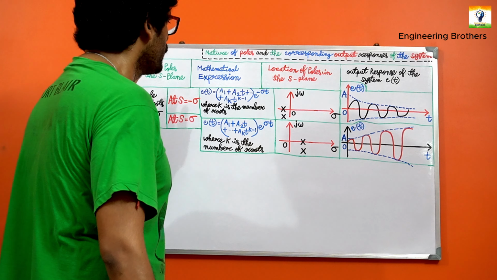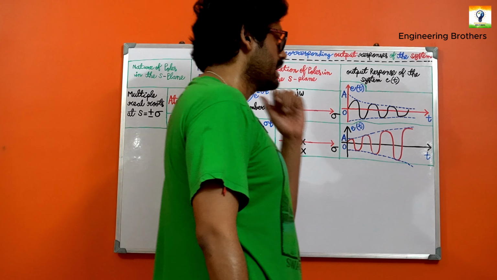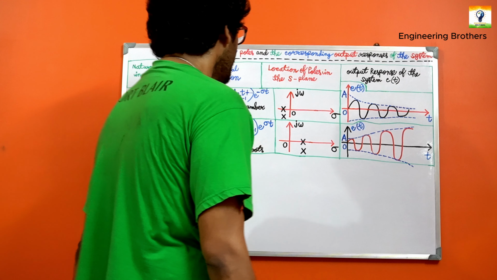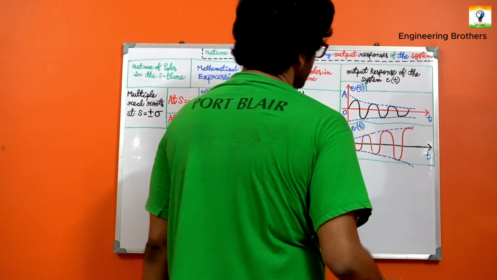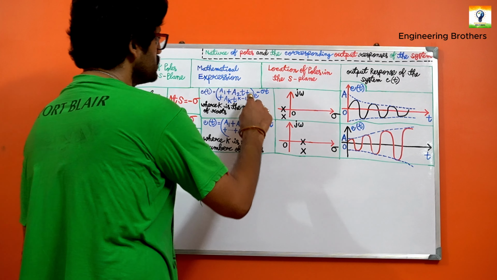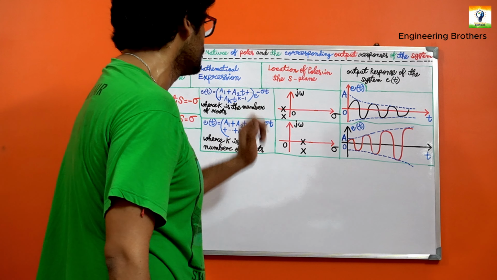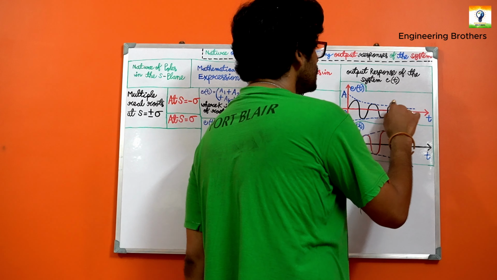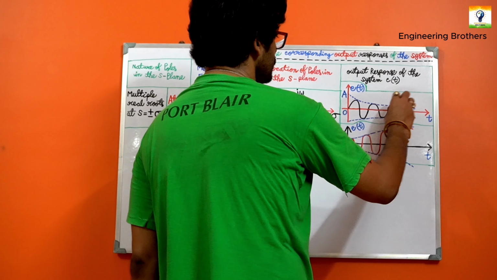So this is naturally the generalized format for the final analysis, and you can see that c(t) versus time will be this one. Why? Because of this e to the power minus sigma t format, if you increase the time, the oscillation is dying out, or decreasing, with respect to time.